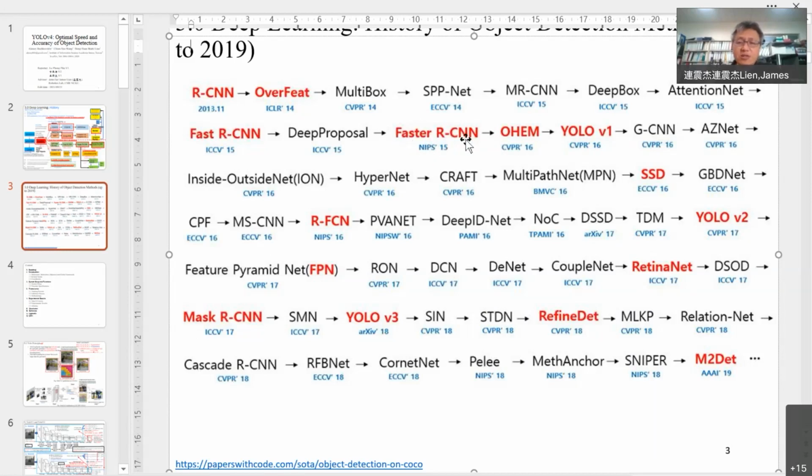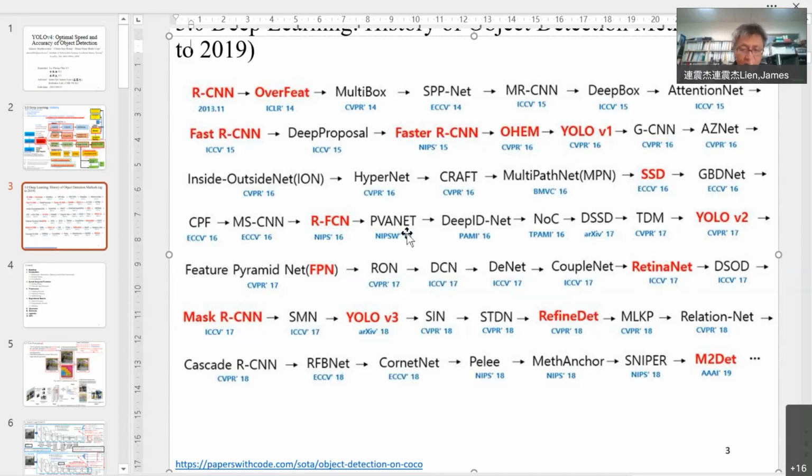YOLO is faster than Faster RCNN, but the accuracy is not so good compared with Faster RCNN. Then the next one is YOLO V2.